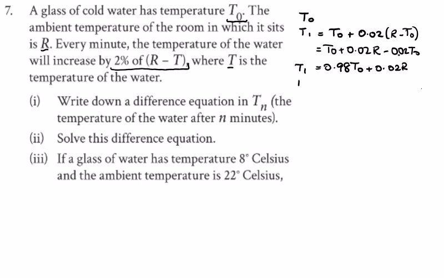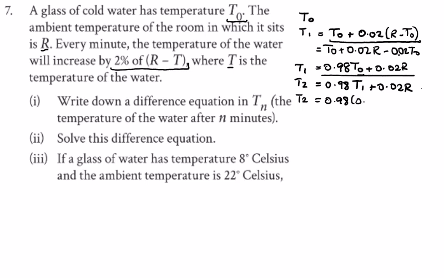We might have to write a few of these out. Let's look at T2. It's equal to, based on what we started with, 0.98 of T1 plus 0.02 R. So T2 will become 0.98 times this whole expression here.